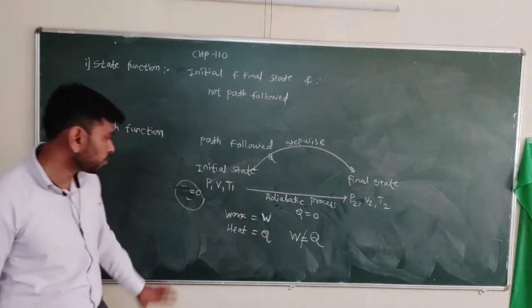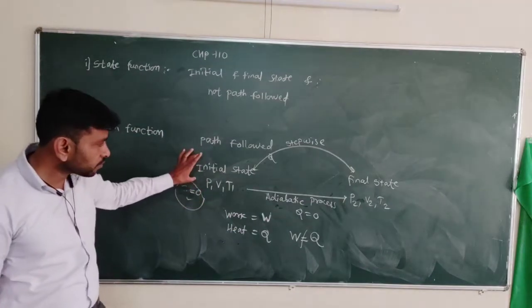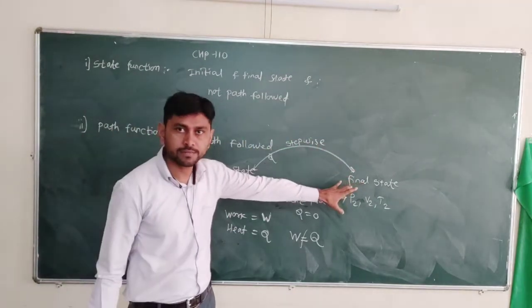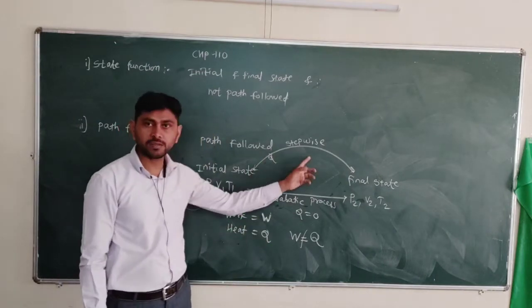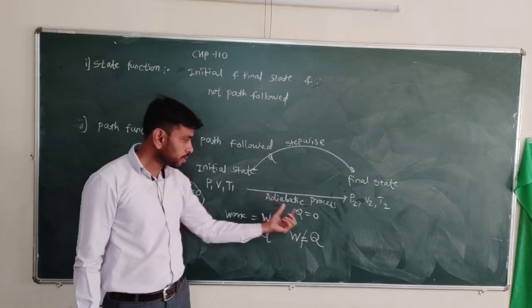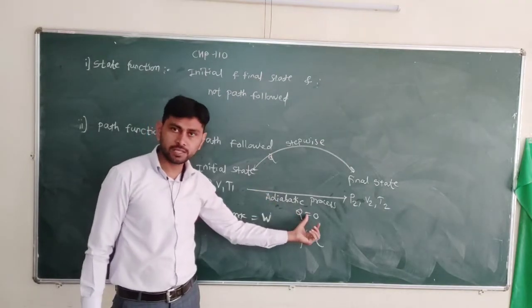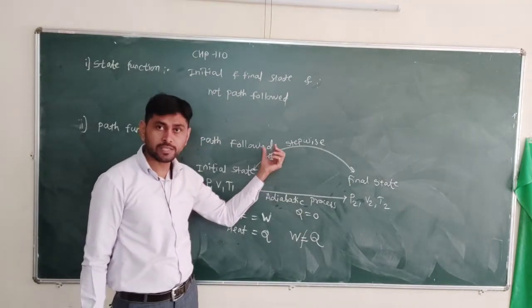So the system changes from the initial to the final state by two ways, two paths. By this path, the heat exchange is 0, Q is equal to 0. By this path, Q has some value.